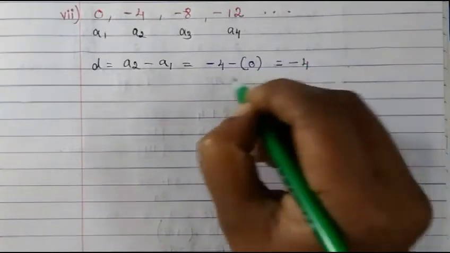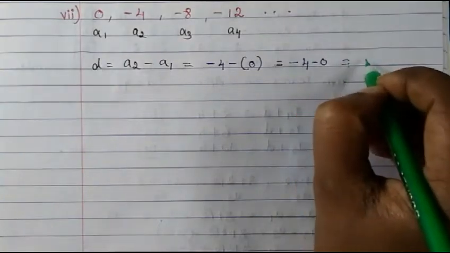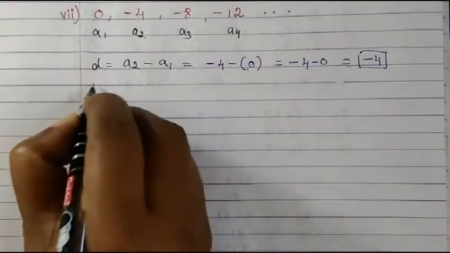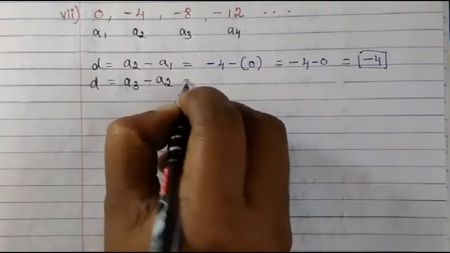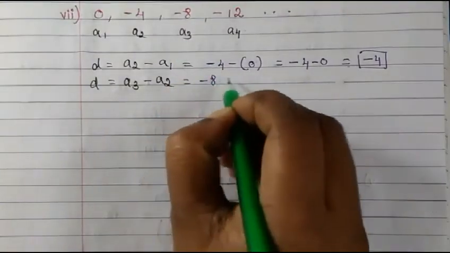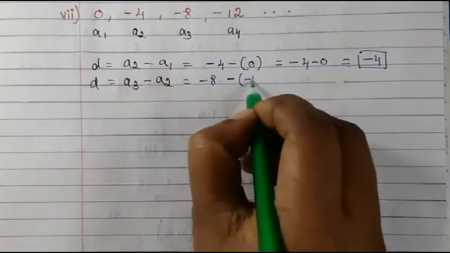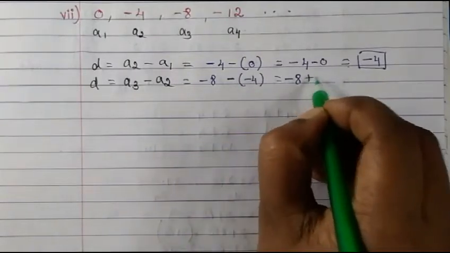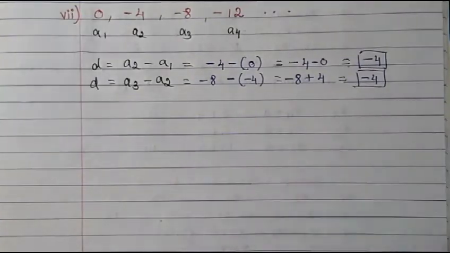Now let's do the second part, that is A3 minus A2. A3 is minus 8, minus A2, A2 is minus 4. So minus 8 minus into minus plus 4 will give us minus 4.